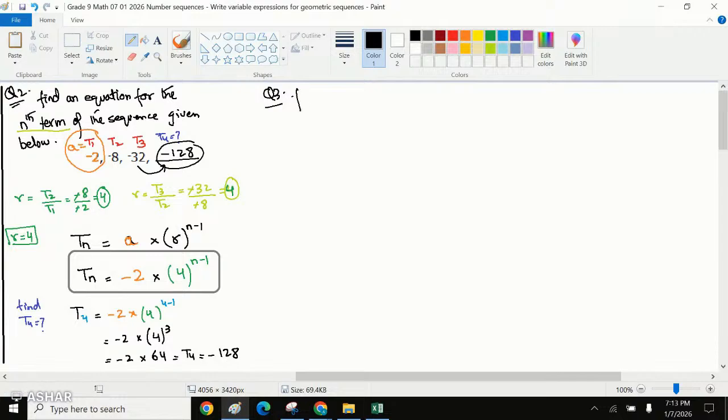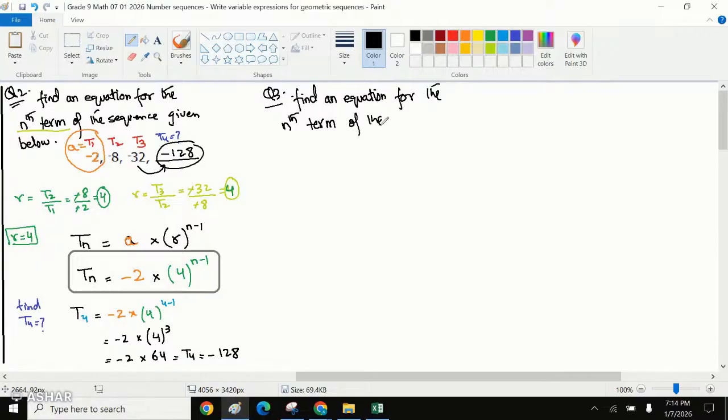Okay. Find an equation or an expression for the nth term. Nth term means it could be any term, term number 5, term number 15, a generalized equation we need to find, right?